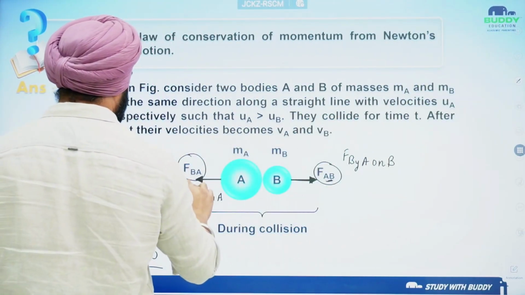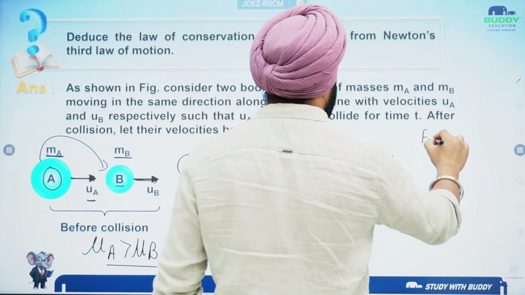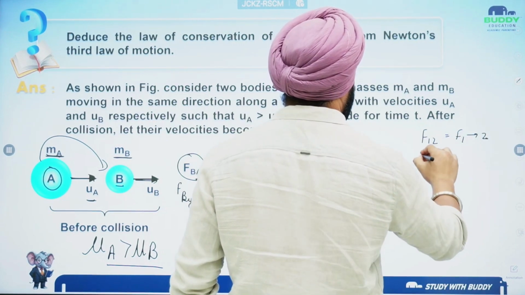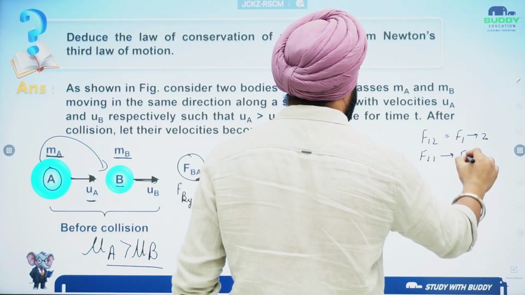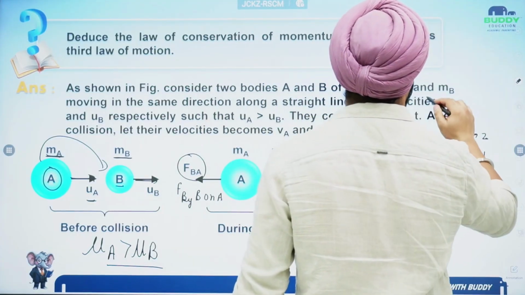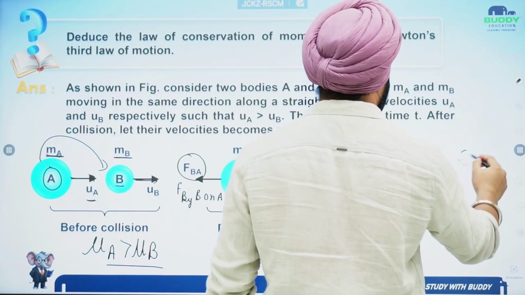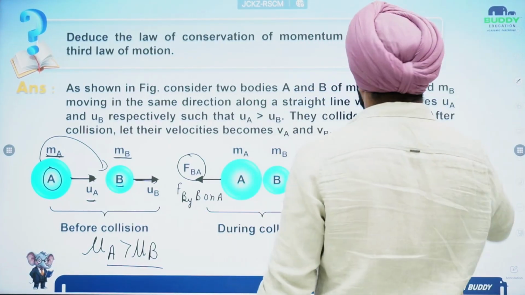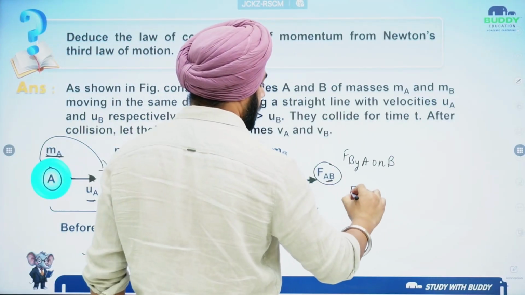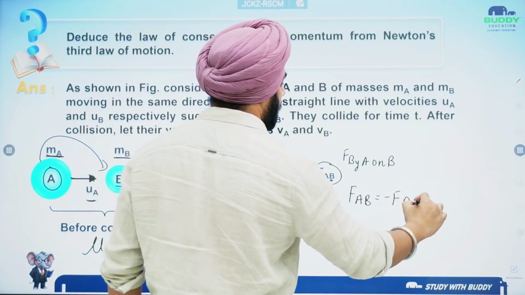What is F12? Force on 1 by 2. What is F21? Force on 2 by 1. Right? This is what you have to remember. Okay. So FAB is equal to minus FBA.